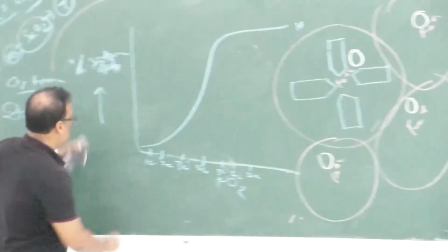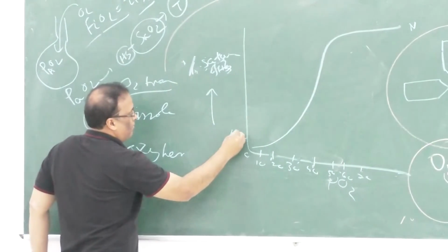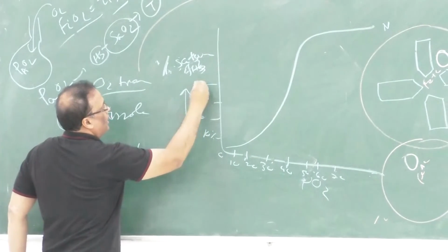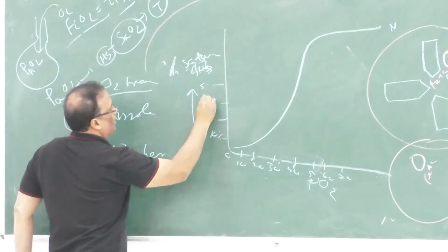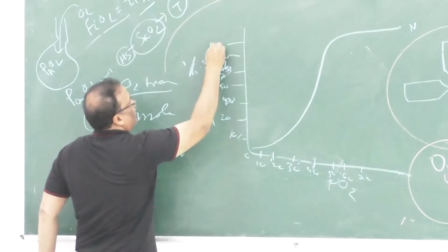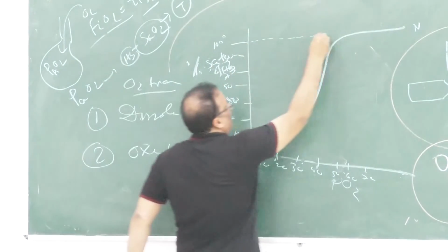And what does it mean here? It is also percentages: 10, 20, 40, 50, 75, so 100.